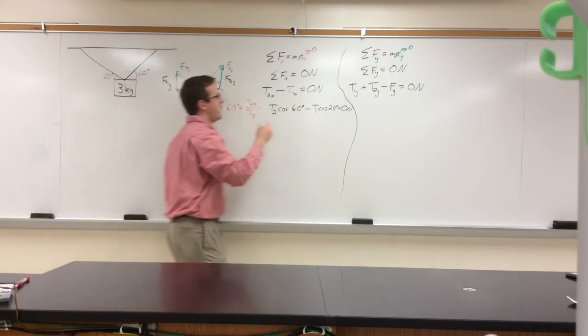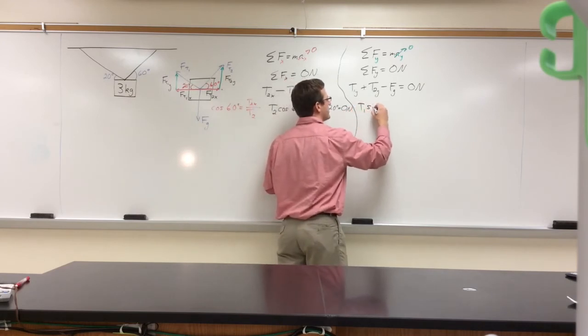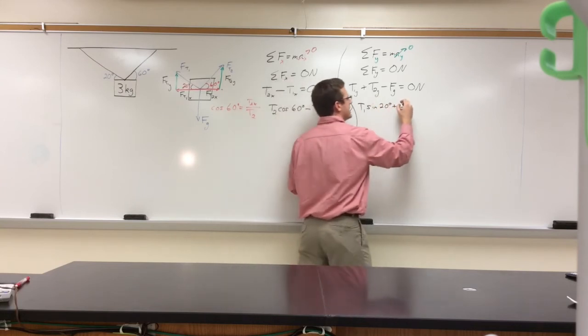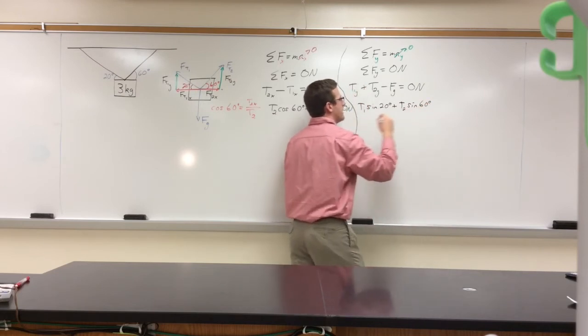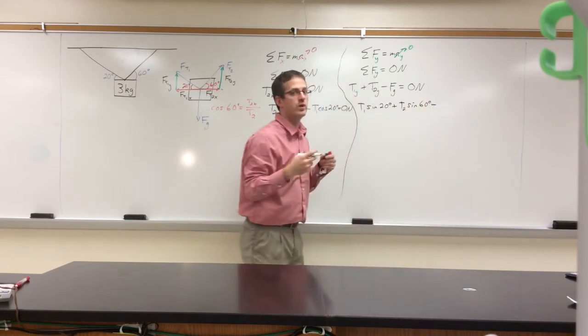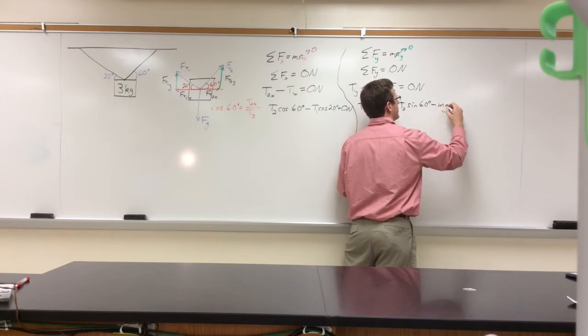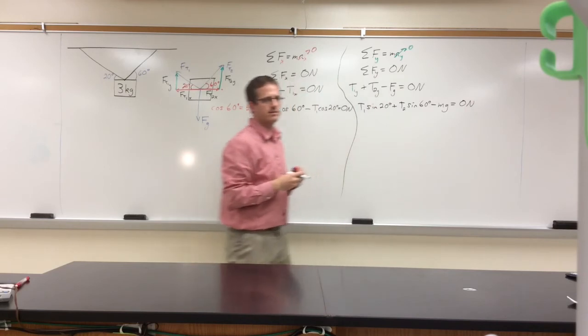So T1y is really going to be T1 sine of 20 plus T2y, which is T2 sine of 60, minus the force of gravity, which we learned is the mass of the object times g, which on Earth, of course, is 9.8.